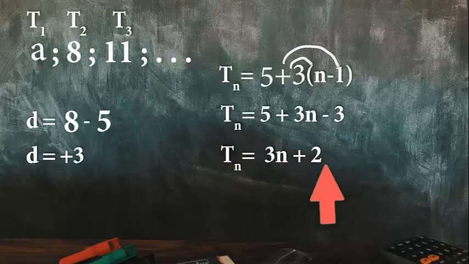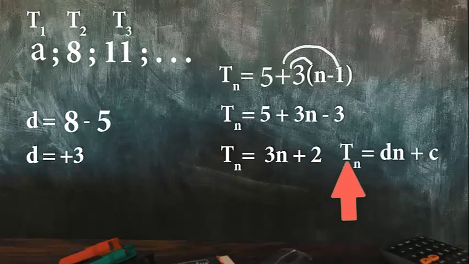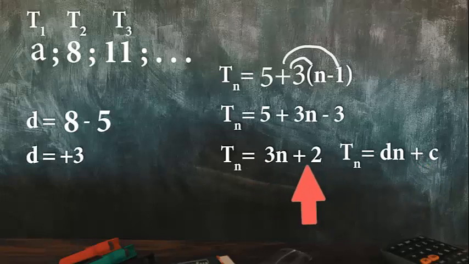And this is the general formula for an arithmetic sequence. It's always in the form of Tn is equal to our constant difference times n. Now in this case the constant difference was a 3. And then plus c, which is just a constant value that makes this entire sequence true.